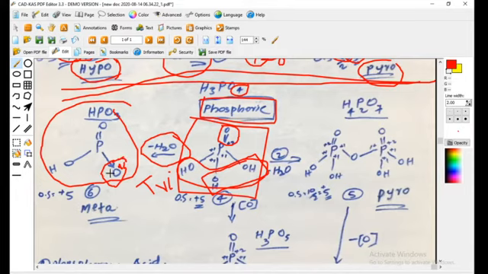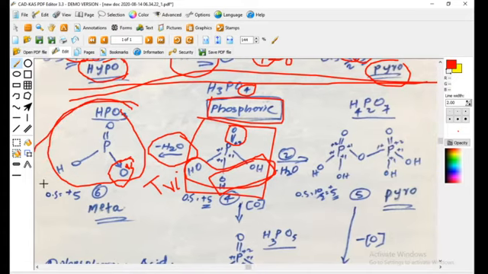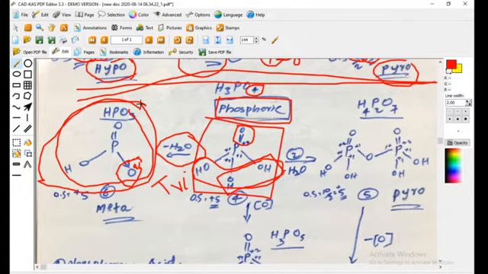This molecule, one is attached here, one is attached here, and it goes on like this. Otherwise this molecule will be present just like a benzene ring, with the phosphorus atoms and the oxygen atoms in a ring-shaped structure. And it is easy, but if they ask, you can write this structure only, it's okay.